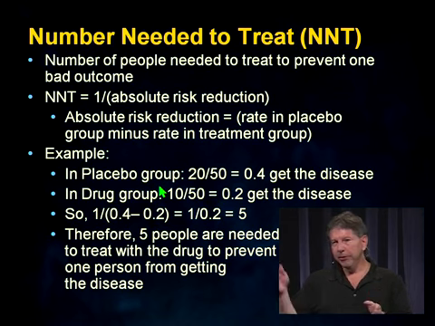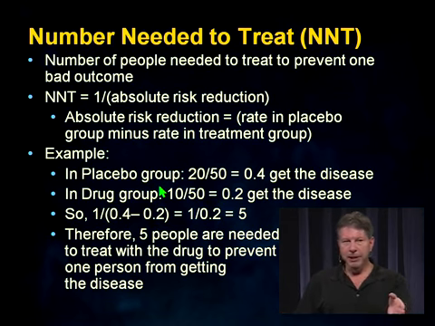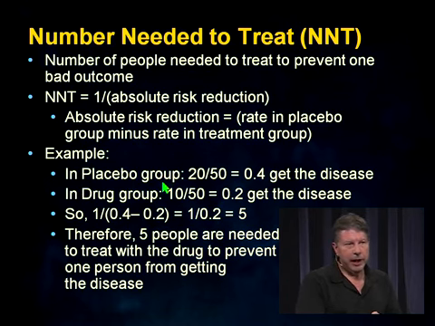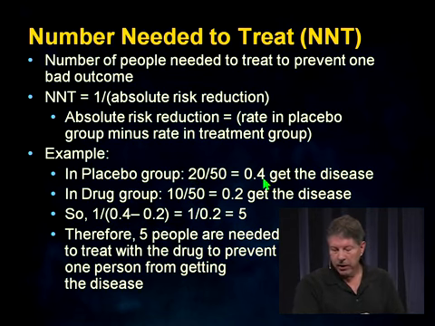Okay? So there's going to be kids who get my drug, and there's kids who are going to get a placebo that's not my drug. So if we look at the placebo group, how many of those kids are going to get ADD? So we have 50 kids enrolled. 20 of the kids end up having ADD down the road. So 20 out of 50, or 0.4, are going to get ADD.